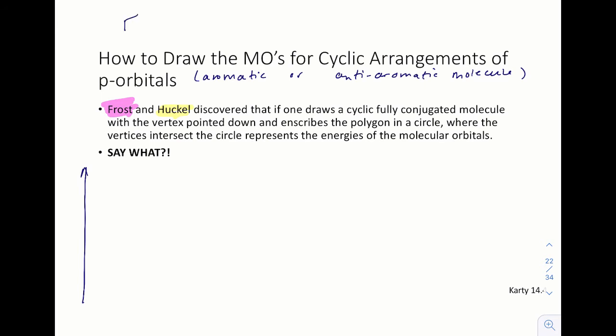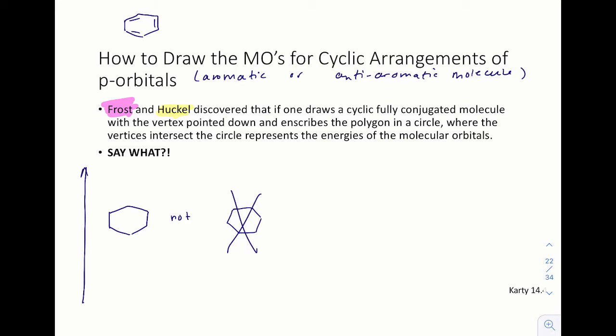So thinking about benzene, those carbon-carbon bonds in benzene form a polygon. It's a hexagon. So draw the hexagon with one of the vertices pointing down. In other words, not on its side, which is convenient because I have a very hard time drawing benzene in this orientation. I don't know why. All right, so we're not going to draw it like that. Vertex pointing down.